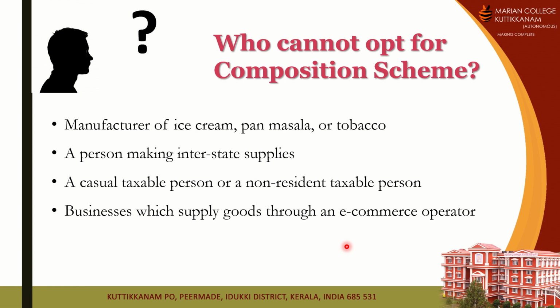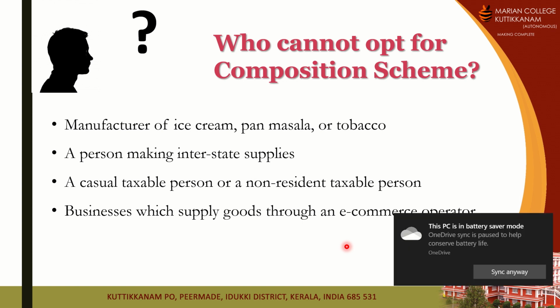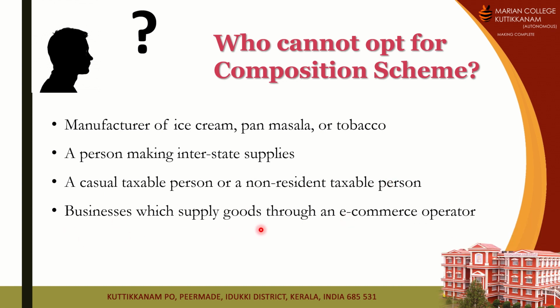The manufacturer of ice cream, pan masala, tobacco, then a person making interstate supplies, then a casual taxable person or a non-resident taxable person, and businesses which supply goods through an e-commerce operator. These people cannot opt for composition scheme. Okay, so keep in mind who can opt for composition scheme, and also who cannot opt for composition scheme.